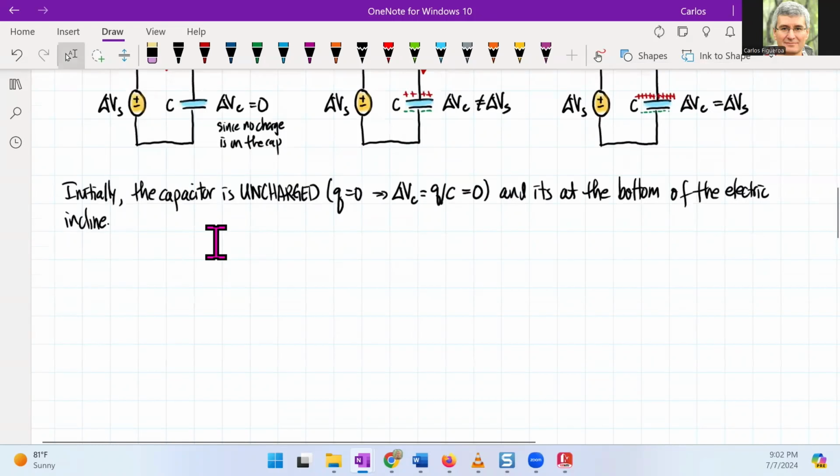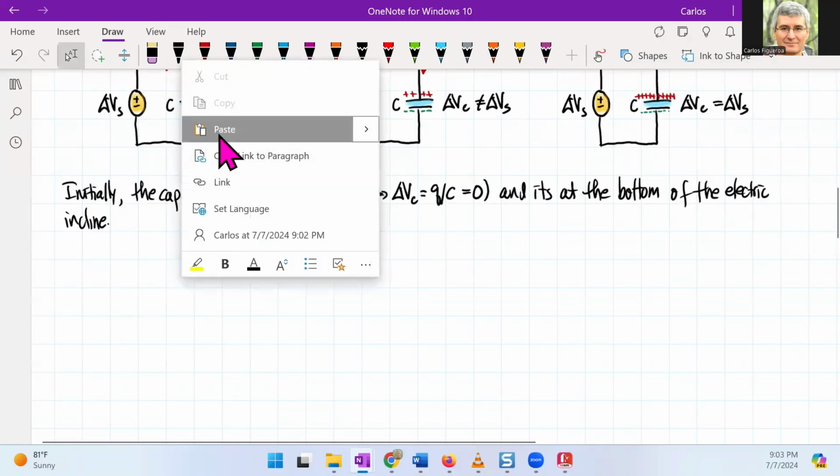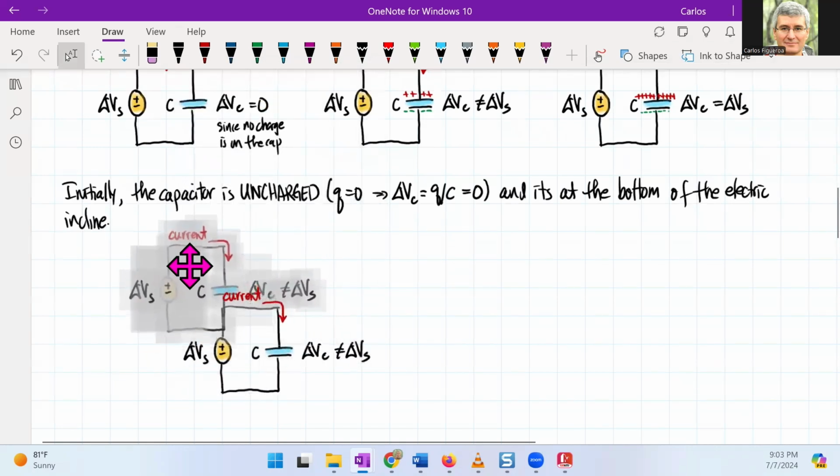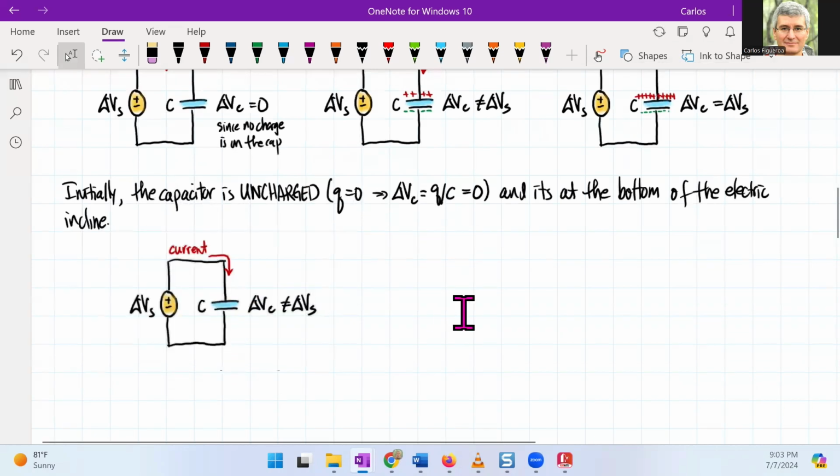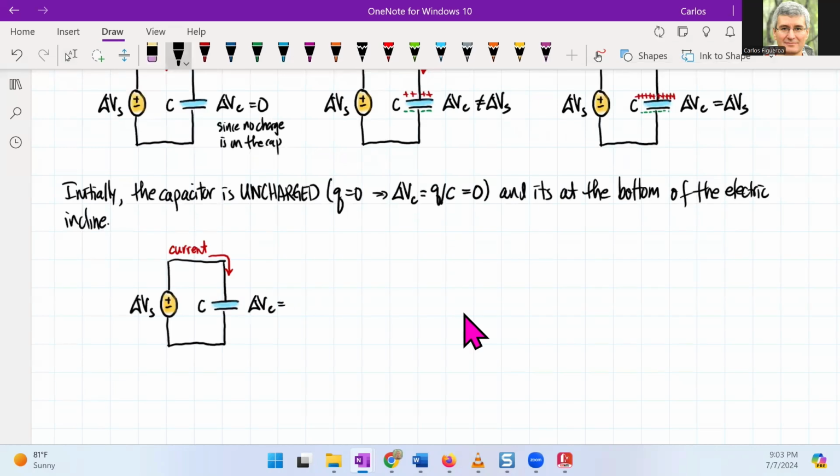To see this picture here, I'm going to paste this guy back into here. When I look at this circuit, what am I actually seeing? Right now, this guy is equal to zero. There is no charge.